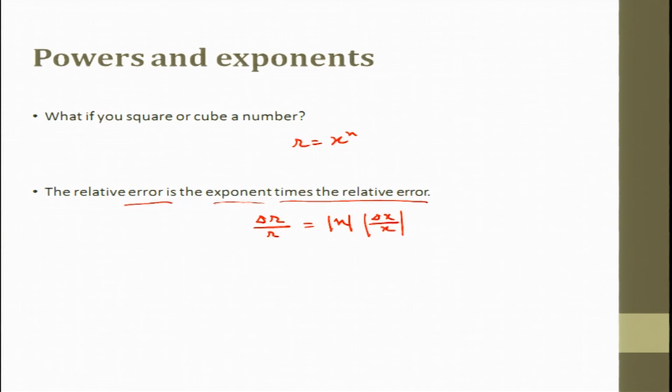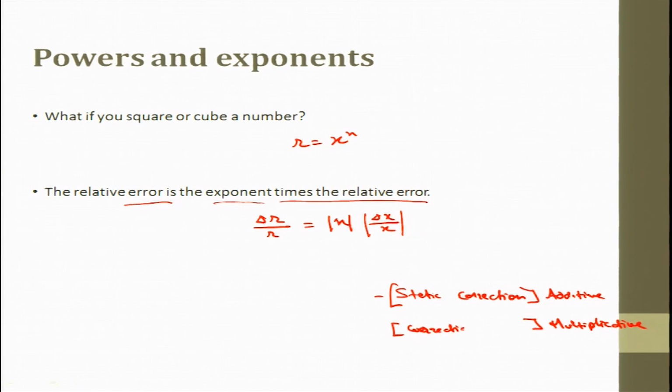But this kind of correction that is inculcated to the instrument is known as static correction. If it is just added or subtracted, it is additive in nature. If it is multiplicative, we call it correction factor.